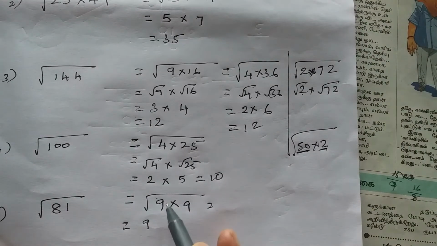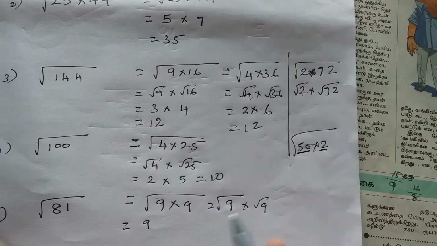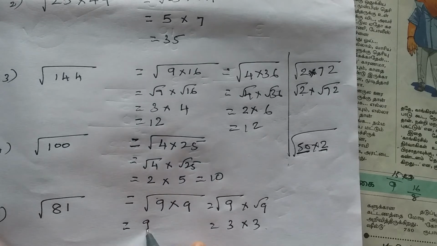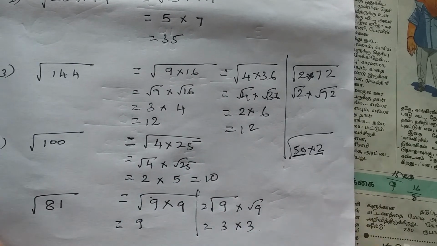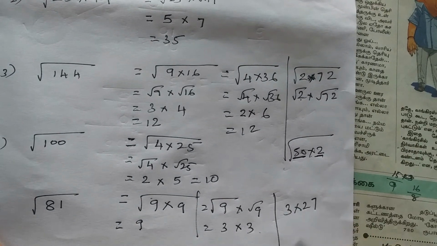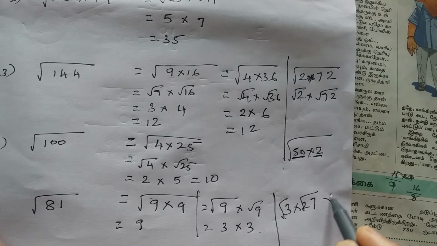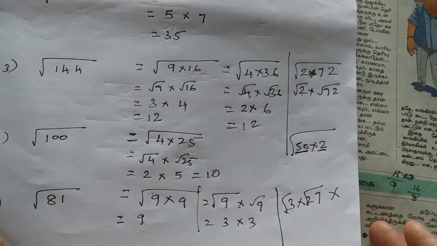Or if you want to follow this formula, it is root of 9 into root of 9, and root of 9 is 3, root of this 9 is 3, and 3 3s are 9. This would give you the same answer. Any method can be followed here. Or suppose you split 81 as 3 into 27. Can we split them like this? No, we cannot split it because 3 and 27 are not square numbers.